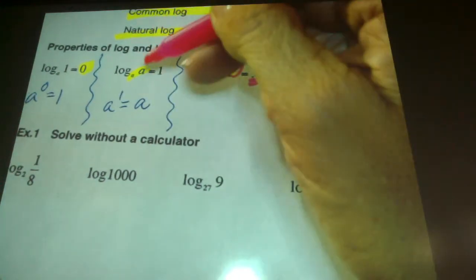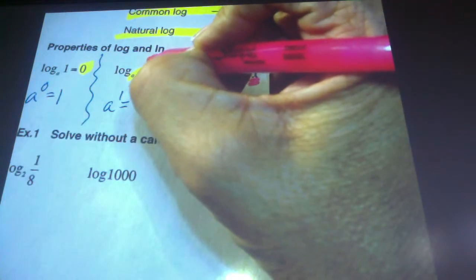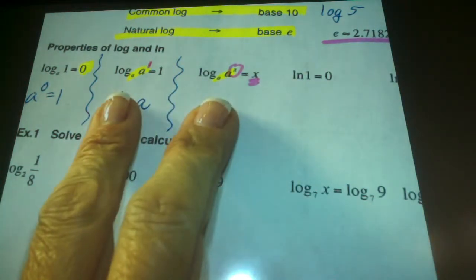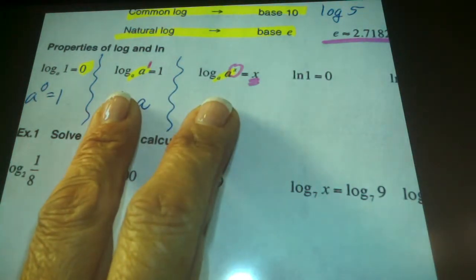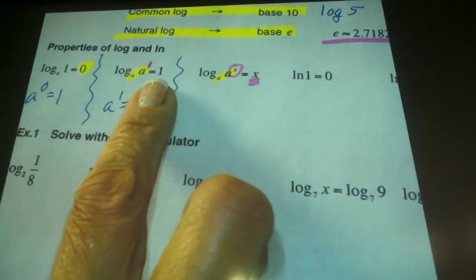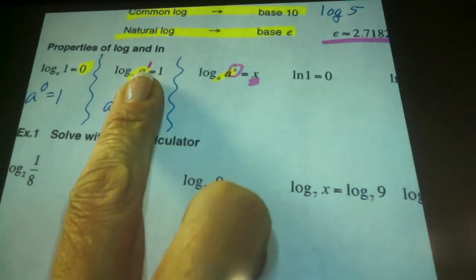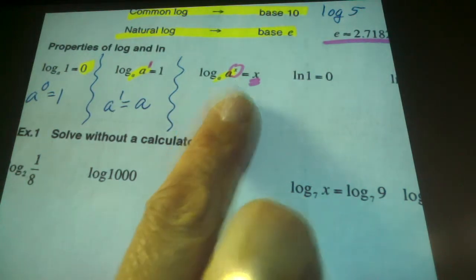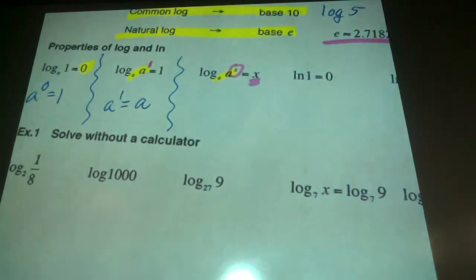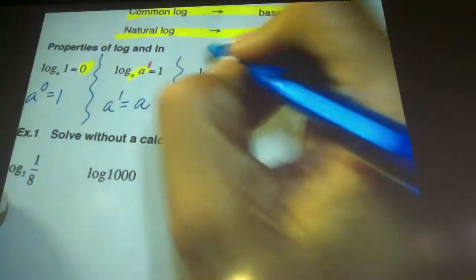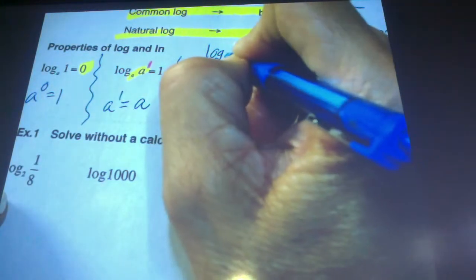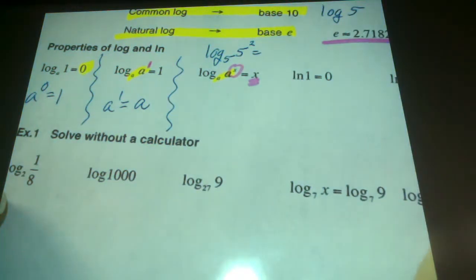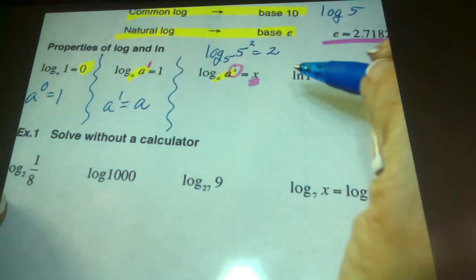Now if you look at this one over here, isn't the exponent of a to the first power? Aren't these really saying the same thing? That had an answer of 1. The exponent is 1. This has an exponent of x. Whatever the number might be, it has an answer of x. So if I had, oh, I don't know, log base 5 of 5 squared, what's the answer? Just 2. That's what that's saying.